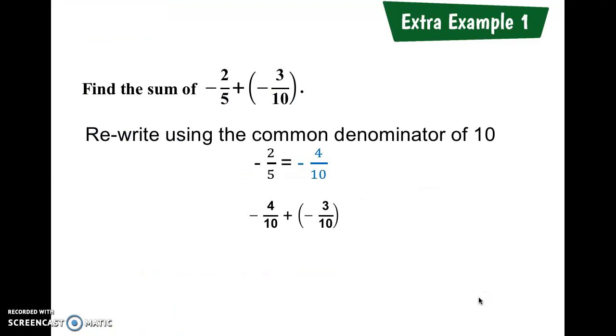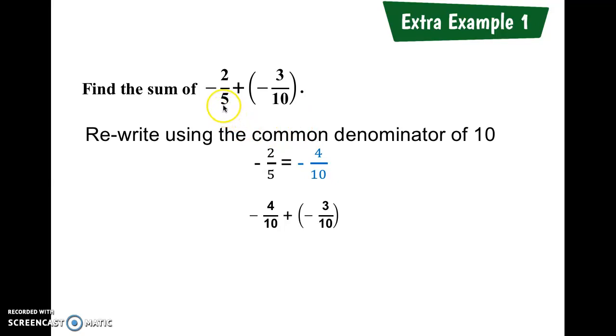Here we have a new problem, negative 2/5 plus negative 3/10. Remember, these parentheses are just to separate the addition sign from that negative sign. Now I'm already thinking about the fact that I have two negatives, a negative here, a negative there. So I'm already thinking that when I get my answer, it is definitely going to be a negative.